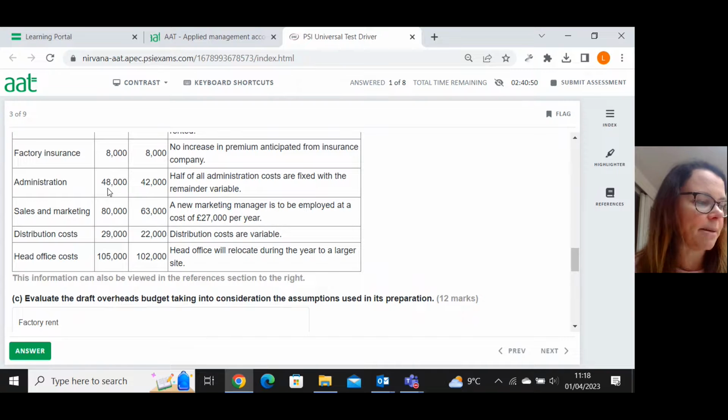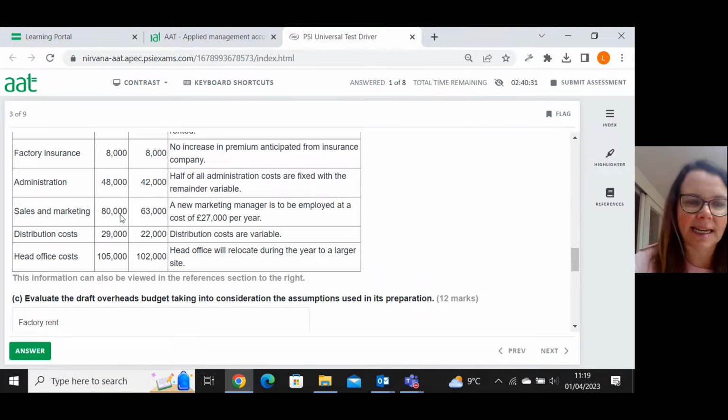The figure included in the budget is £2,830 higher. They've put in 48,000. So presumably there is an increase in the fixed cost that has also been factored in.